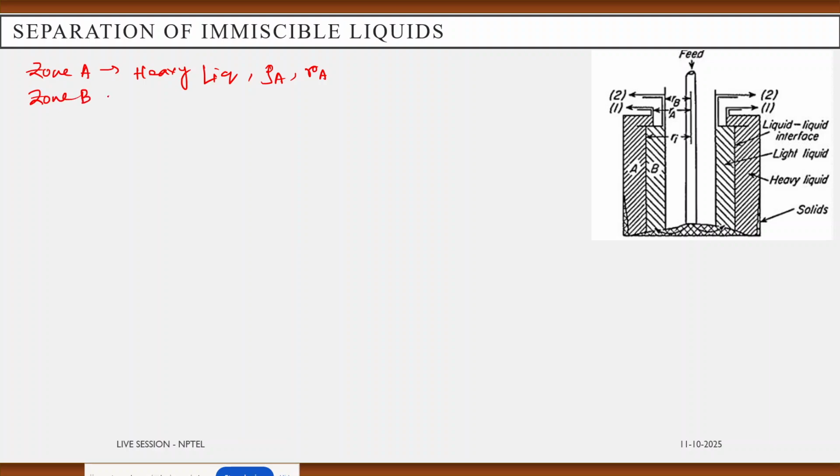Similarly, zone B is the lighter liquid, with density rho B, situated at a distance Rb. And the interface of the two immiscible liquids is at Ri.